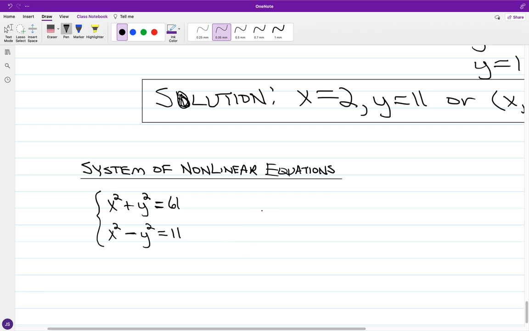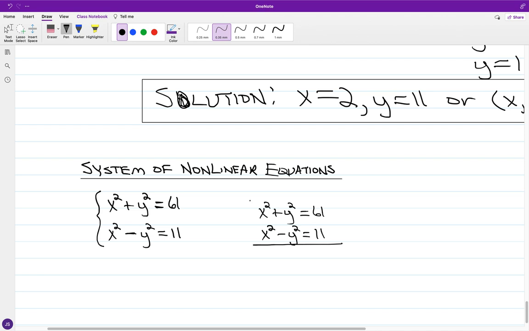So in this one, I've got x squared plus y squared is equal to 61, and x squared minus y squared is equal to 11.